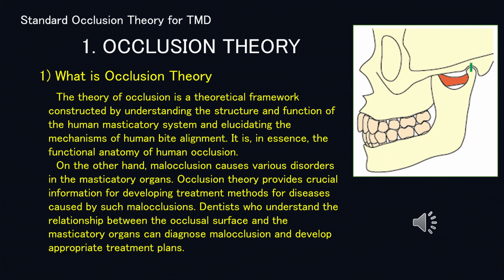On the other hand, malocclusion causes various disorders in the masticatory organs. Occlusion theory provides crucial information for developing treatment methods for diseases caused by such malocclusions. Dentists who understand the relationship between the occlusal surface and the masticatory organs can diagnose malocclusion and develop appropriate treatment plans.